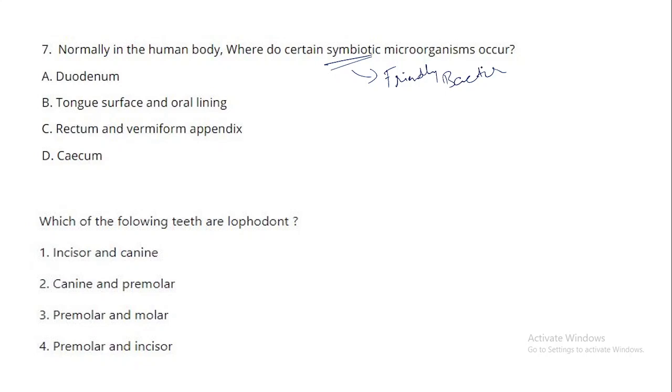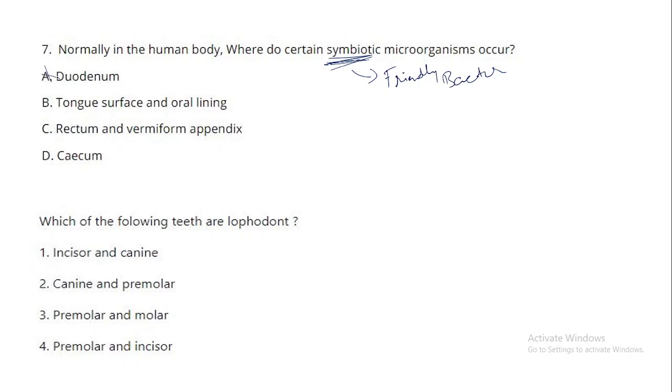So that relationship is called symbiosis. You might have studied this in 12th grade. Symbiosis is a type of interaction where both organisms are benefited. So the microorganisms living in which part of the body, that we need to discuss here. They are benefited by us and we are also benefited by them.